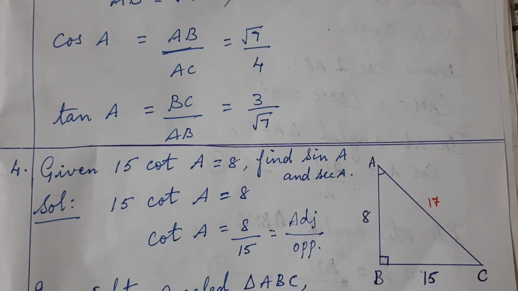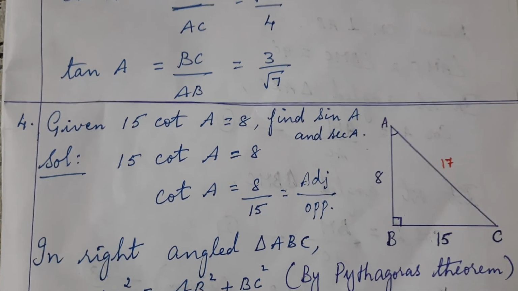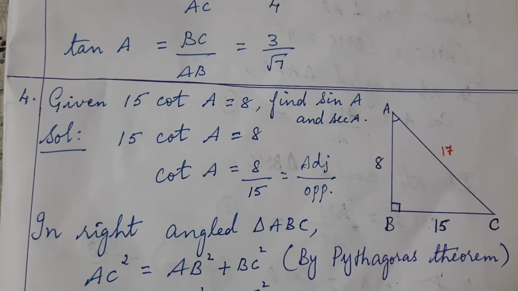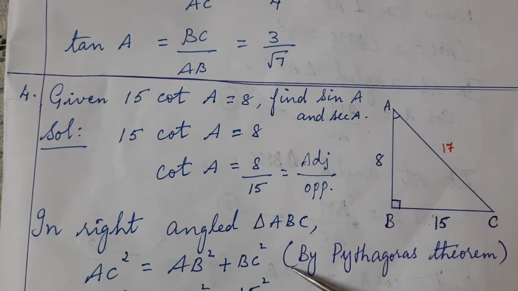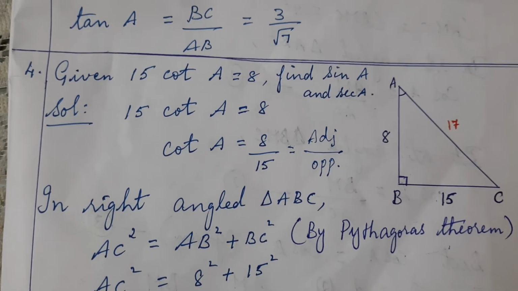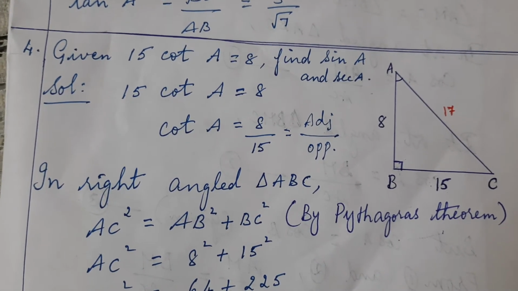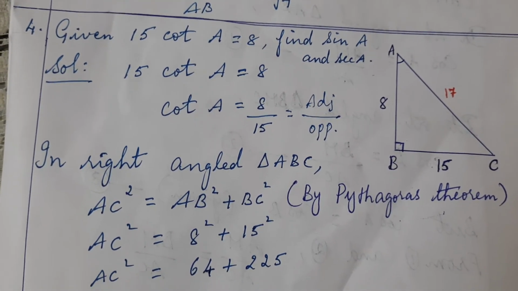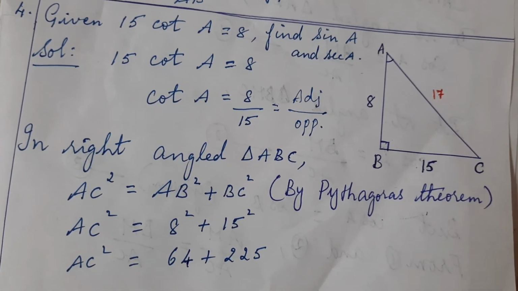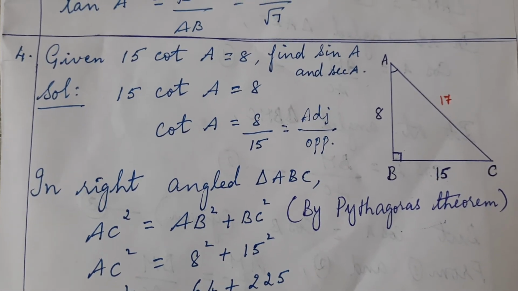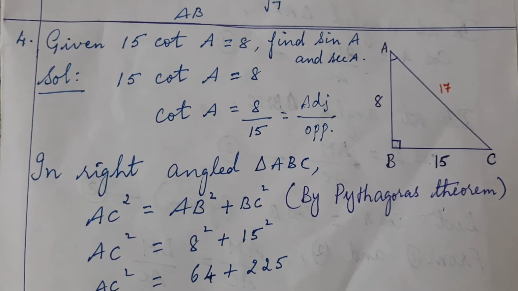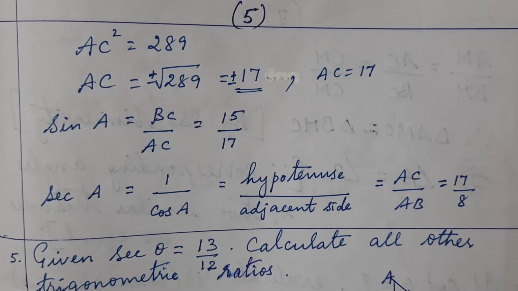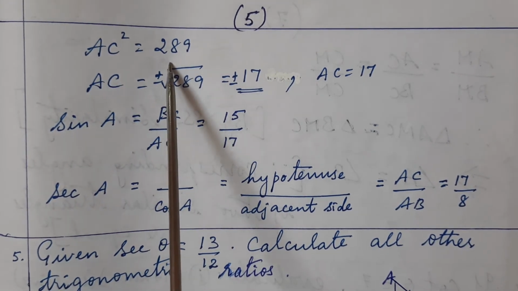So now, as we have done before, in right angle triangle ABC, you know very well by Pythagoras theorem, it is AC square is equal to AB square plus BC square. So AC square is equal to 8 square plus 15 square. So AC square is nothing but 64 plus 225. Now AC square is equal to 289.